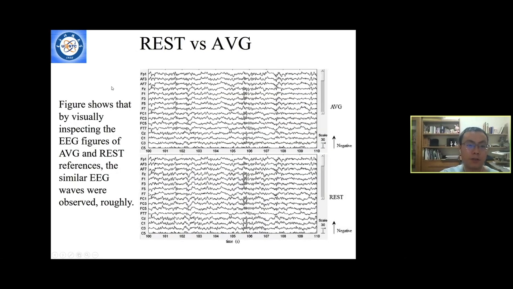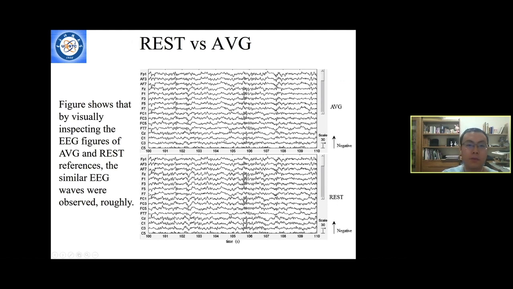This figure shows that, by visually inspecting the EEG figures of average reference and REST reference, roughly similar EEG waves were observed. That means the signals of REST and the average are very similar.